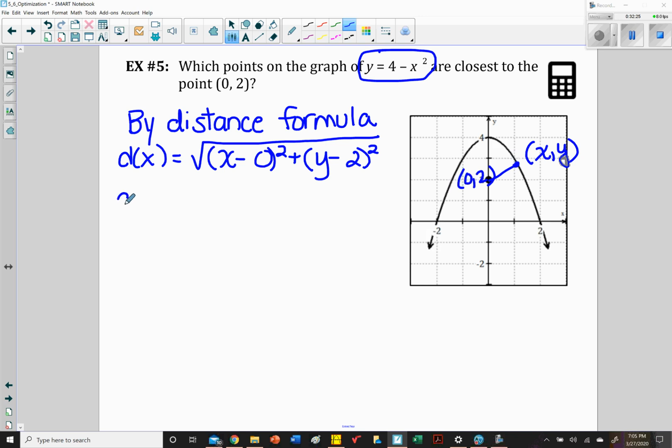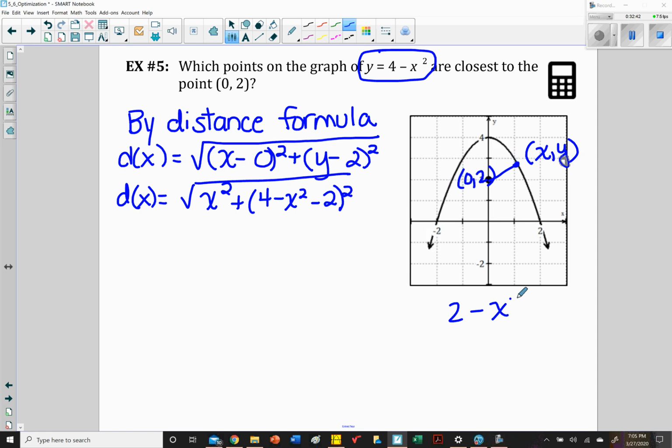So expand all of that. The distance is x minus 0 squared and y minus 2 squared. Let's see, what would that be? 2 minus x squared, squared. So this would turn out, let's expand that out.